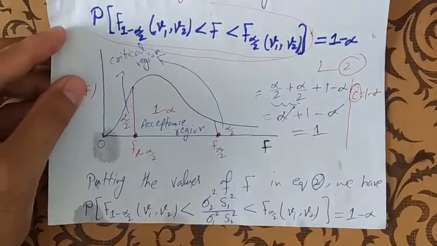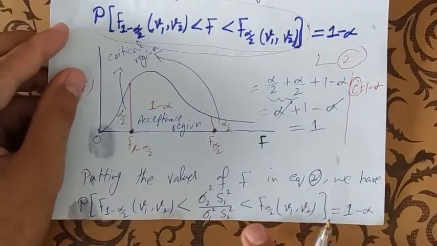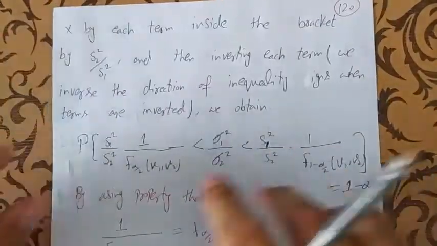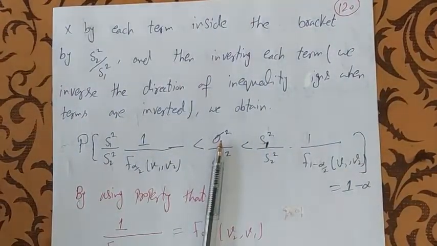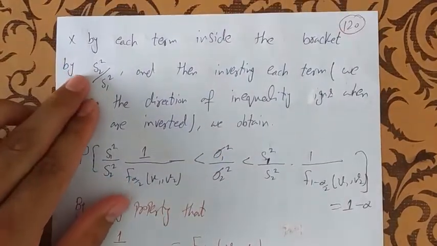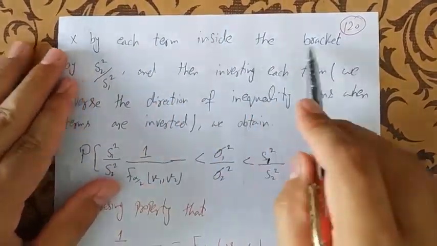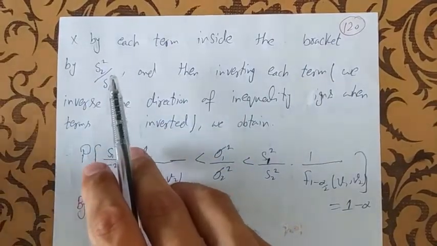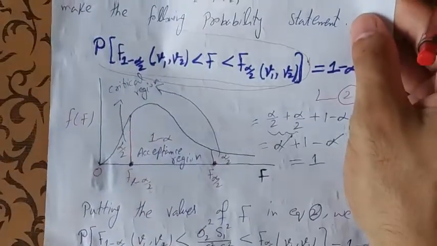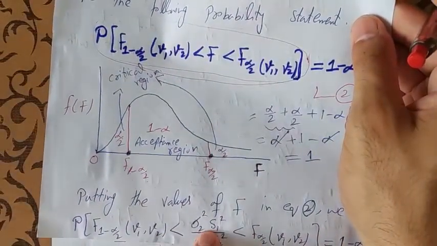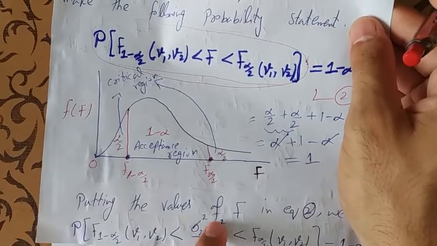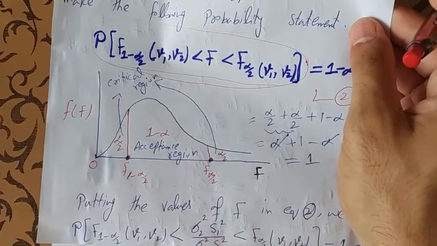Now let us simplify this relation more. Now multiplying each term inside the bracket by s2 square over s1 square, because we want to cancel out these two things.